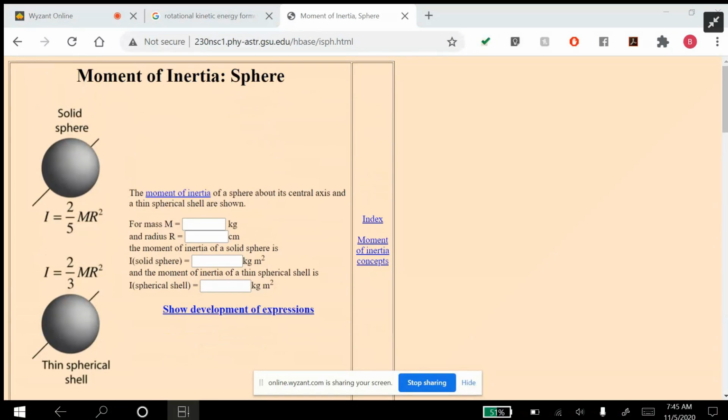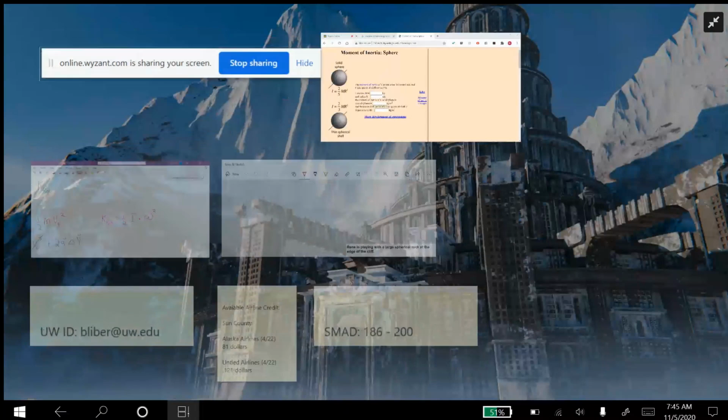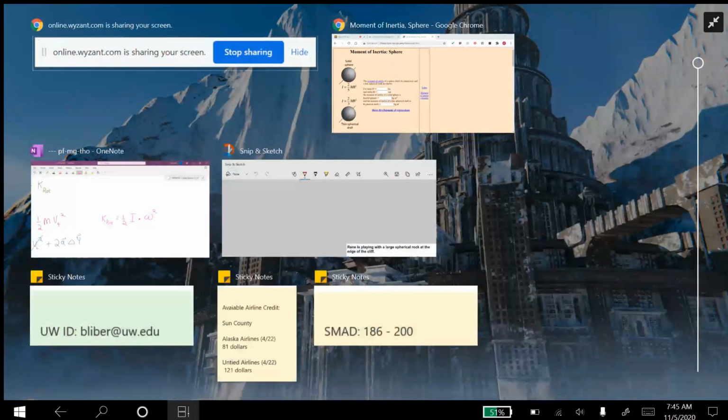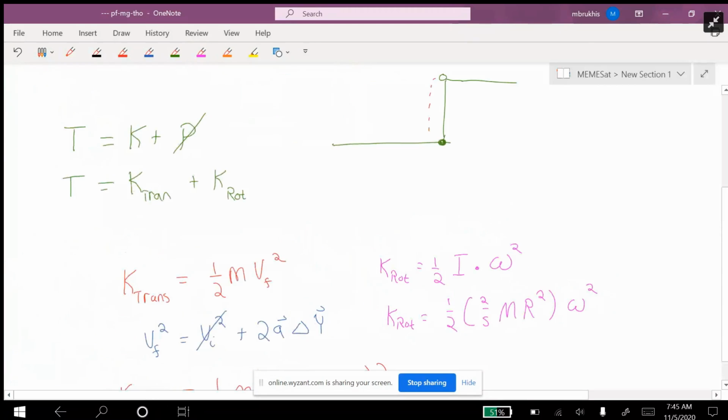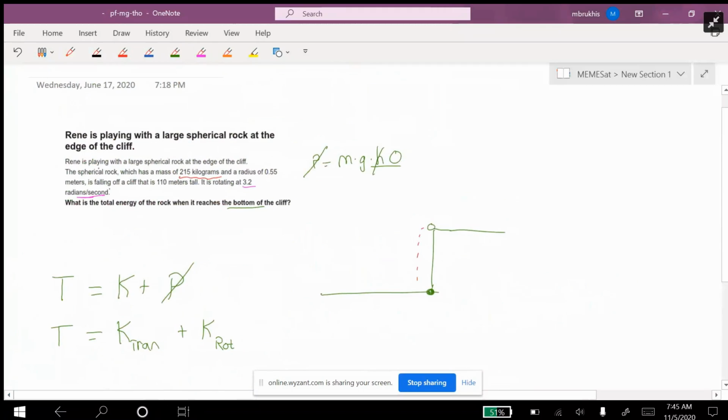So going back over here, knowing that our moment of inertia is 2/5 mr squared, I can fill that in. K rotational is equal to 1/2 times 2/5 mr squared omega squared. All right, and we know the mass and we know the radius, so those numbers are provided for us.